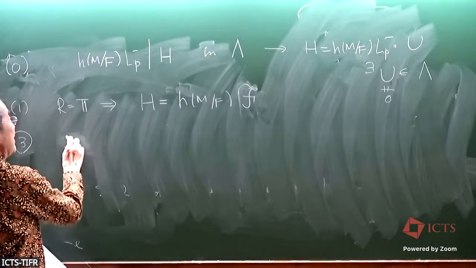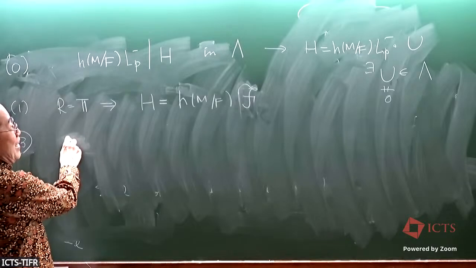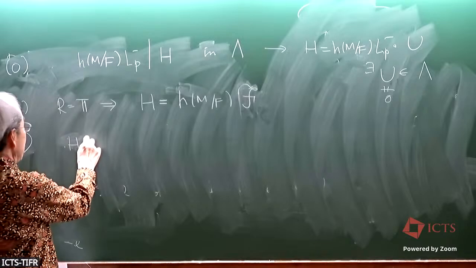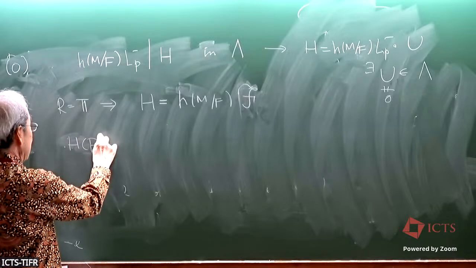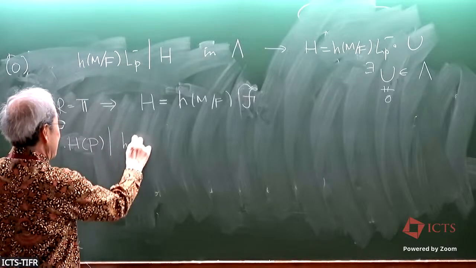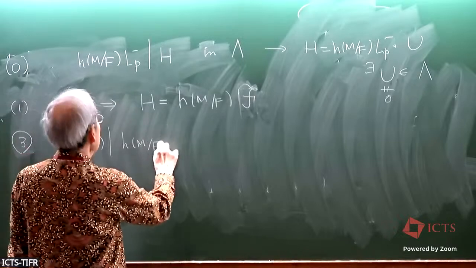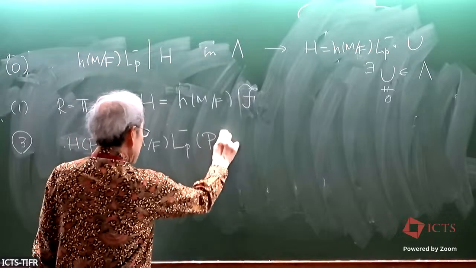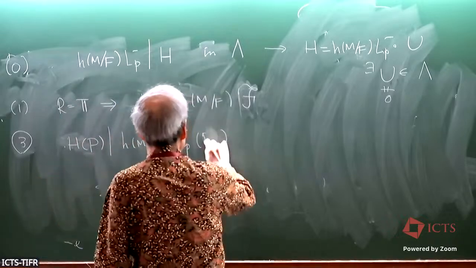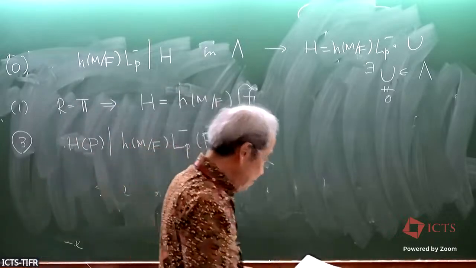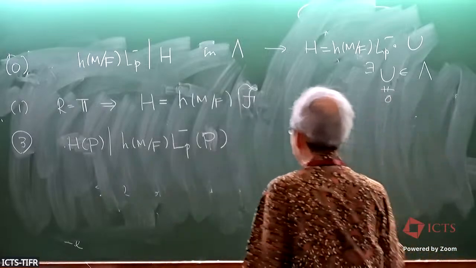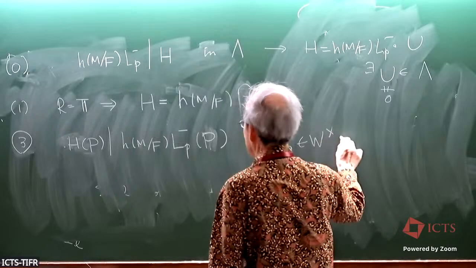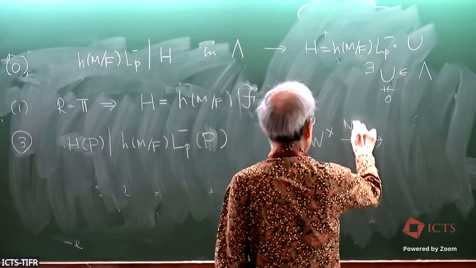So the third point is now our target. What I do, H P divides HMF L minus P, capital P. In other words, UP is in W cross, and then by Nakayama's lemma.